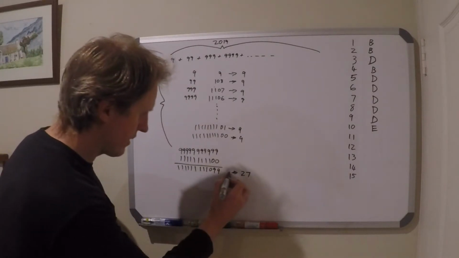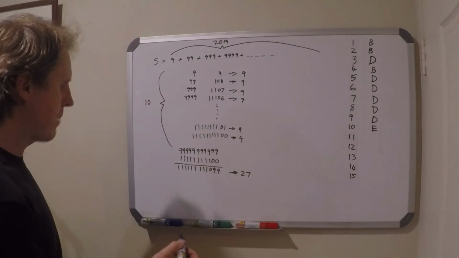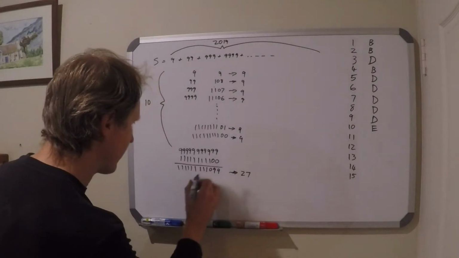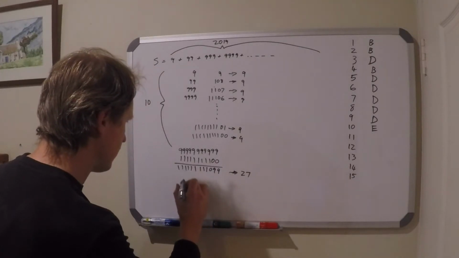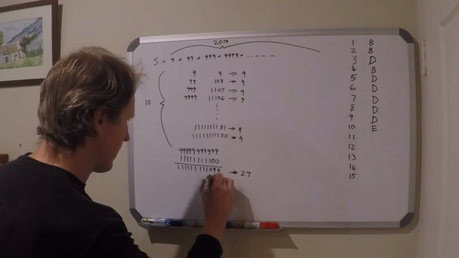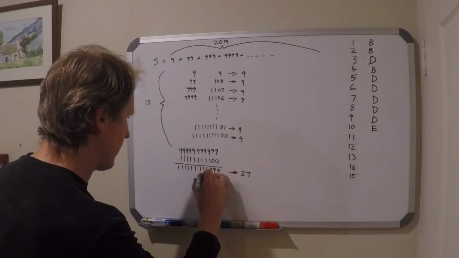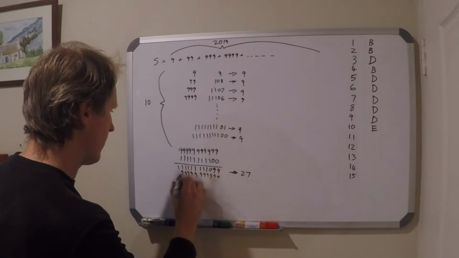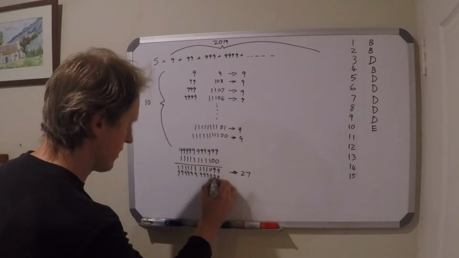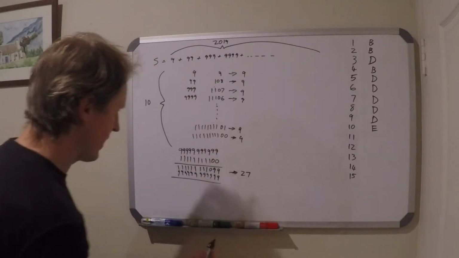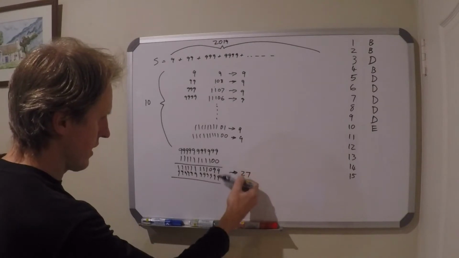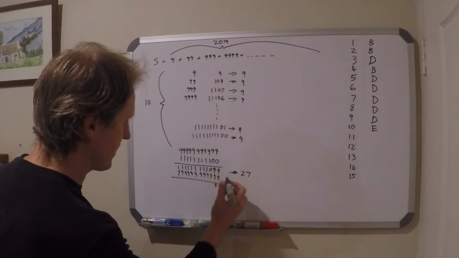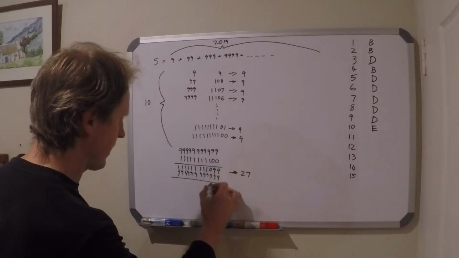Okay, and let's see what happens if we go to the next digit. So we're going to have this plus 9, 9, 9, 9, 9, 9, 9, 9, 9, 9. Let's see where we end up. 9 plus 9 is 8, carry 1 is 9. 9 plus 9 plus the carry is 9, carry again.